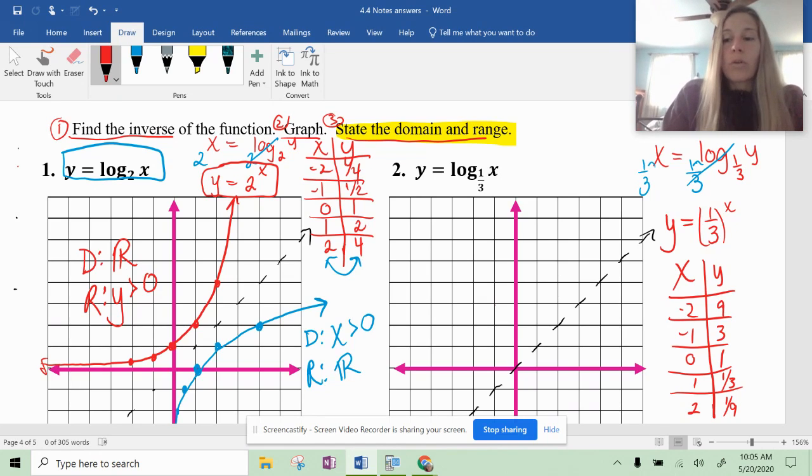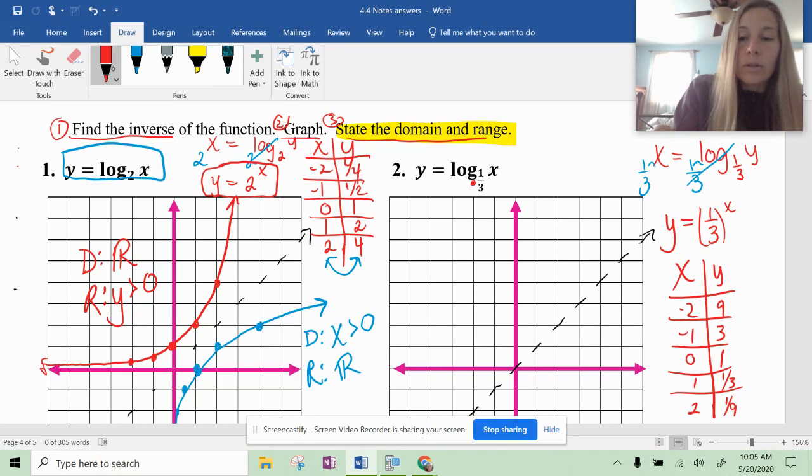Okay, so going ahead and graphing this, I have -2 and 9, which is just off the graph, -1 and 3, 0, 1, 1 and 1/3, and then 2 and 1/9. And this would be my decay function right here. Okay, so as we can see, the domain for that is all real numbers, and the range for that one is all the y's are greater than 0.